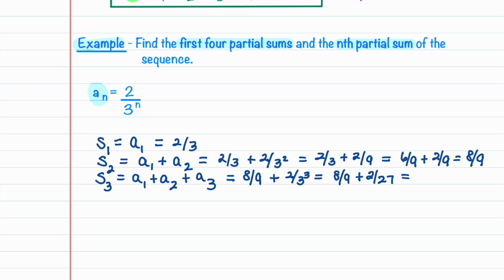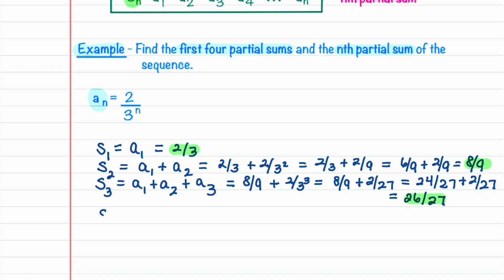Let's write our 8 over 9 in terms of a number over 27. So we're going to multiply the top and bottom by 3. This gives us 24 over 27 plus 2 over 27, and that's equal to 26 over 27. Now that we have a lot of numbers floating around here, let's highlight our answers. We had 2/3 and then 8/9, and now we have 26 over 27.